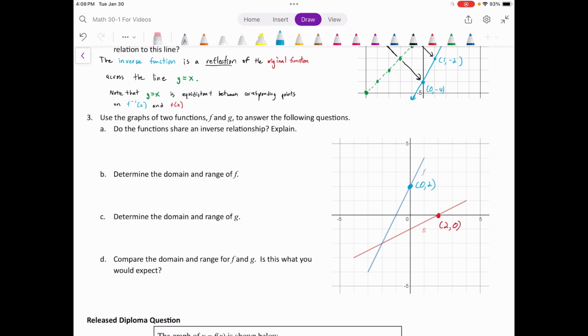Let's try a couple more. What about, I see (-1, 0)? So g should have (0, -1). Sure enough, it does. Okay. This is actually a pretty good clue as well, right? It wouldn't always necessarily work out, but (-2, -2) and (-2, -2), right? They both pass through that.